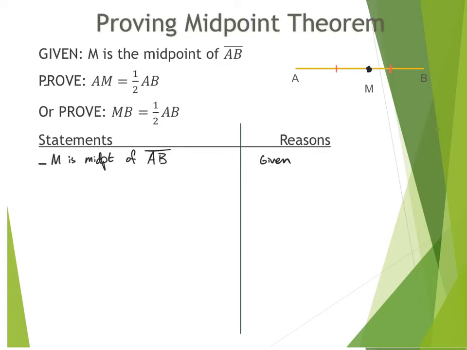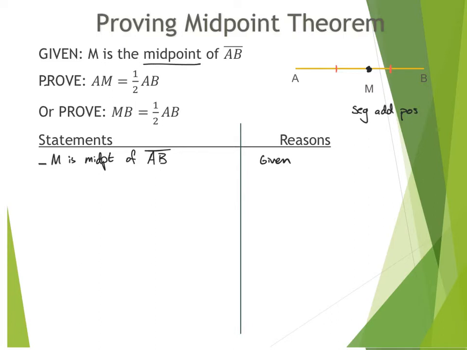Now, let's look at the picture and think this through logically about what we're going to need. I know I have a segment, and I have AM and MB. Now, AM is a piece of the segment, AB is the whole segment. So I'm probably going to be using the segment addition postulate at some point in this proof.